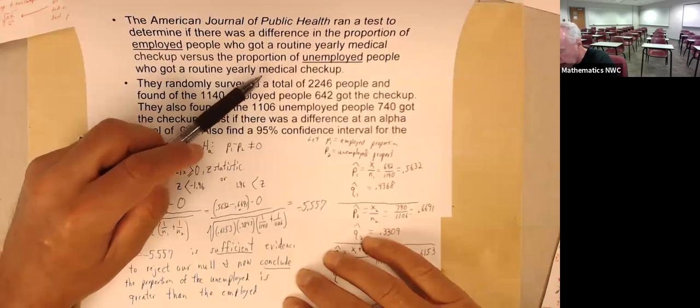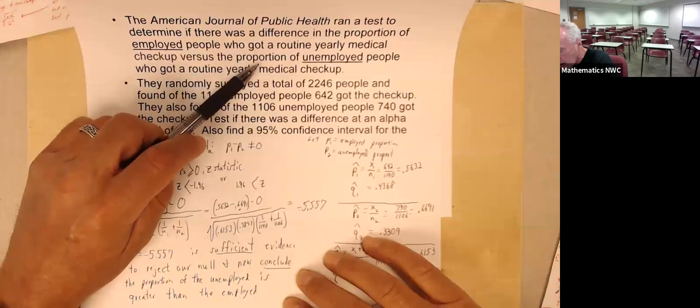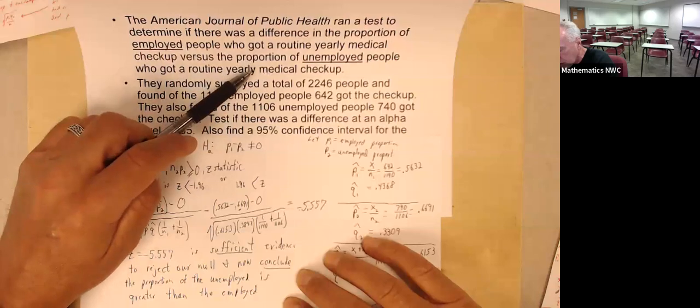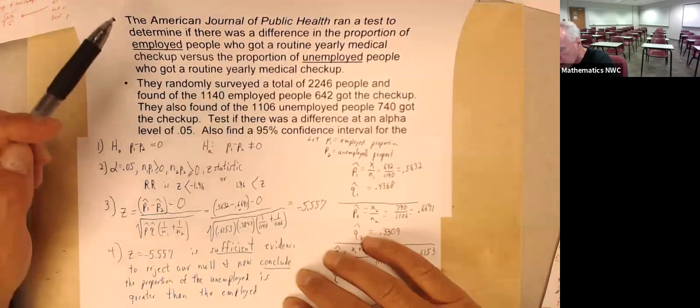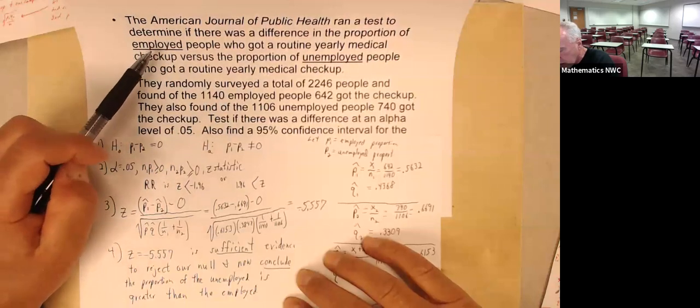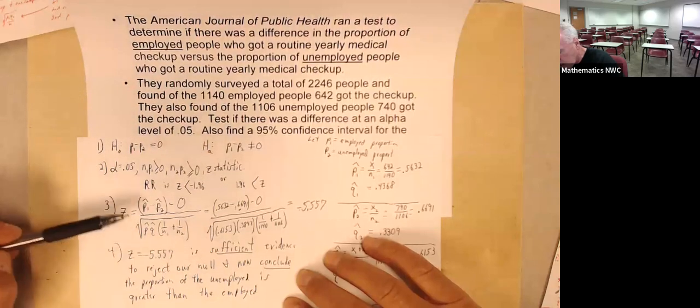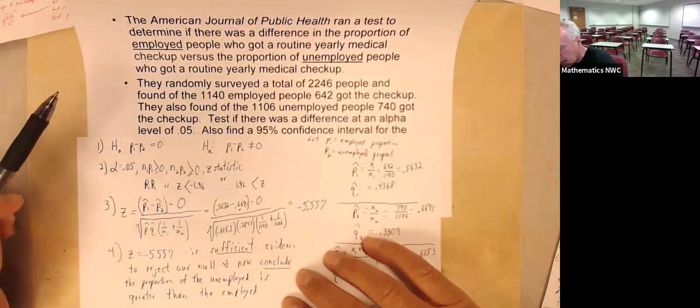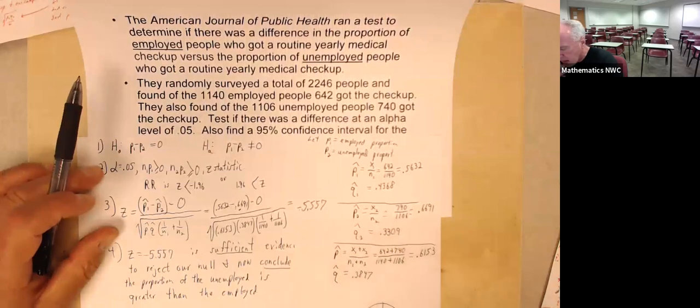First of all, they're not too busy, but they're also maybe applying for jobs which require them to get their physical before they can get on the insurance company of the job. But the employed people, main reason is they just feel they're too busy to take time off. So the result of this test is actually pretty common, okay?